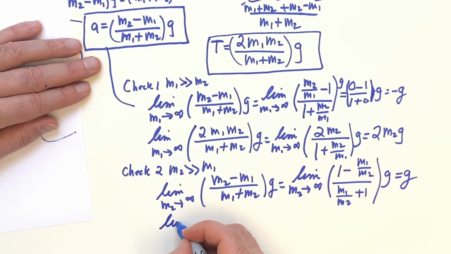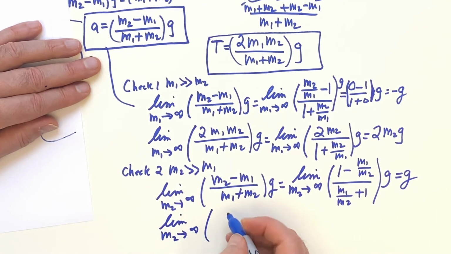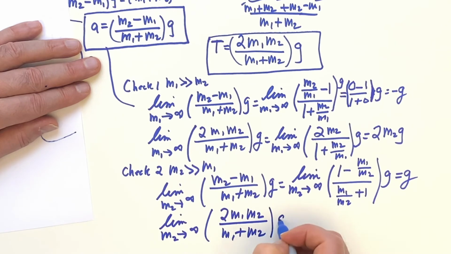And let's check the tension. The tension is 2m1 m2 over m1 plus m2, g.